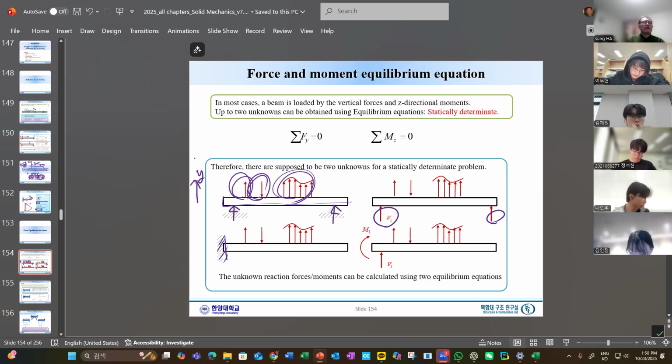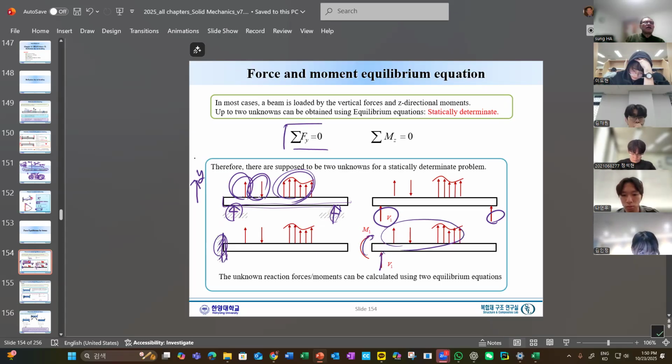We don't know the reaction force, but whatever the reaction force will be should be calculated with considerations of equilibrium. Whatever boundary condition, we will have a reaction force depending on the boundary condition. So this reaction force has to be in equilibrium with this external load.